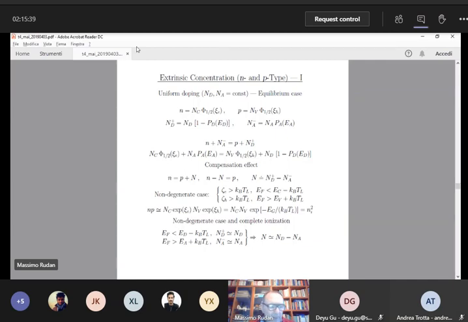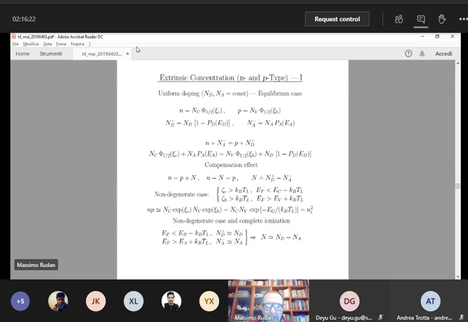How do we set up now the balance condition? As before, you remember, we may say that if an electron goes away from the valence band, it may end up either in the conduction band or into an acceptor atom.